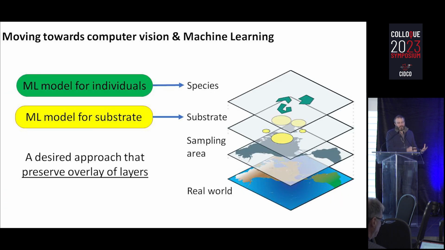From these two approaches, we are now trying to think of a framework where we can have one or more machine learning algorithms that can give us information for the species and for the substrate in that layered structure that we want, because it's the way we need to analyze the data.